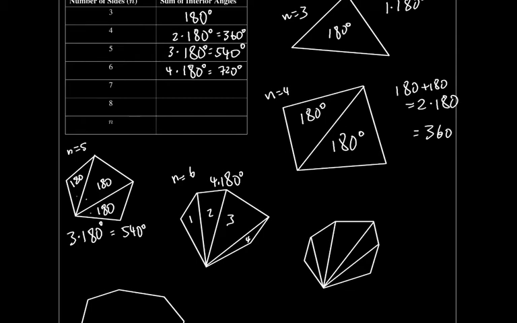Let's count these. It is n equals 7. 1, 2, 3, 4, 5. So we have 5 times 180 degrees. Equals, what is that? 900?